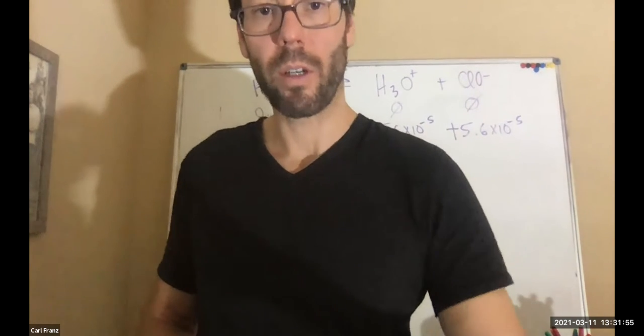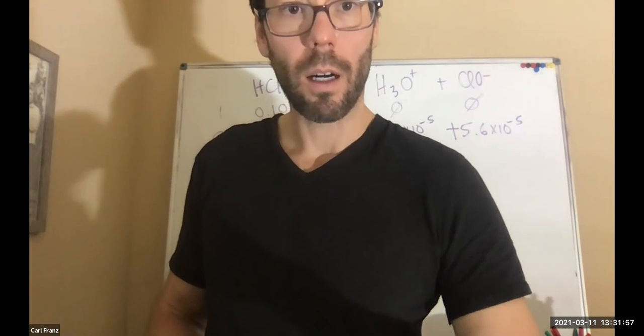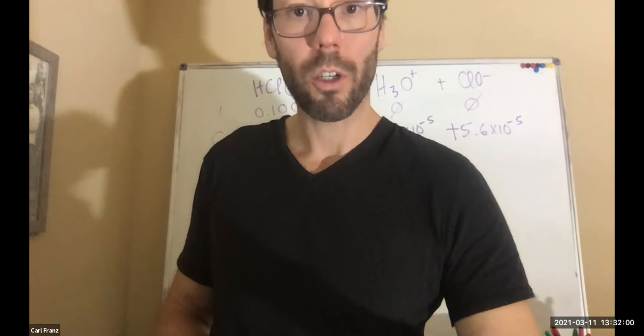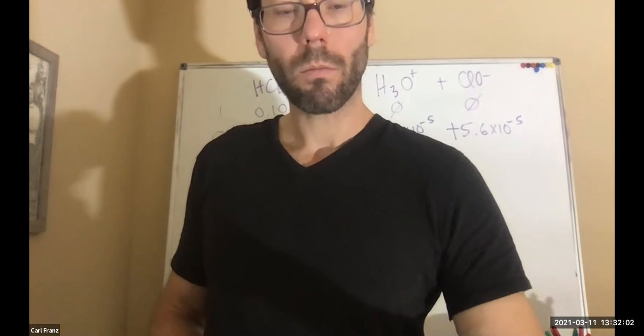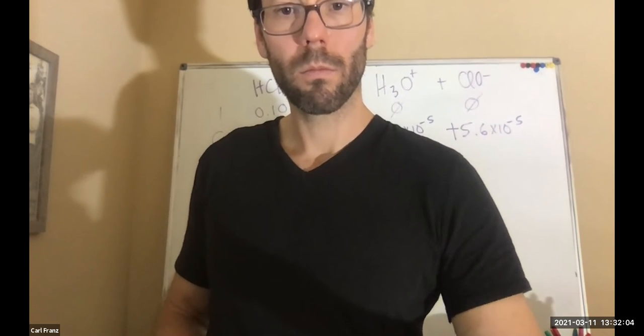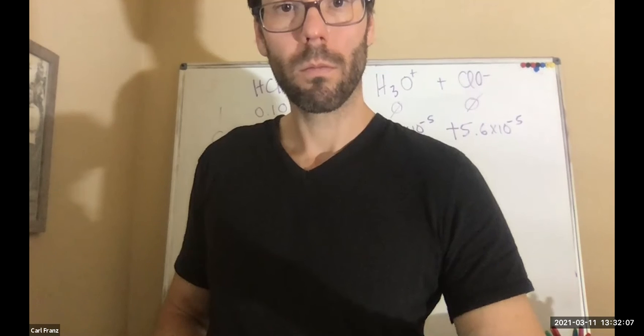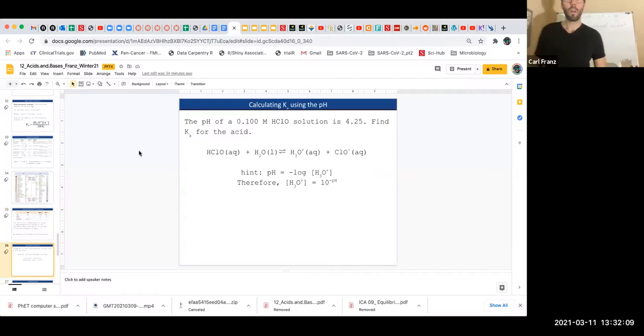I don't know if I'm sharing this or not, sorry. Let me try to share it again. Okay, so pH is negative log of hydronium ion concentration. So if they give us the pH, we can backtrack it by taking 10 to the negative power of whatever that pH is.